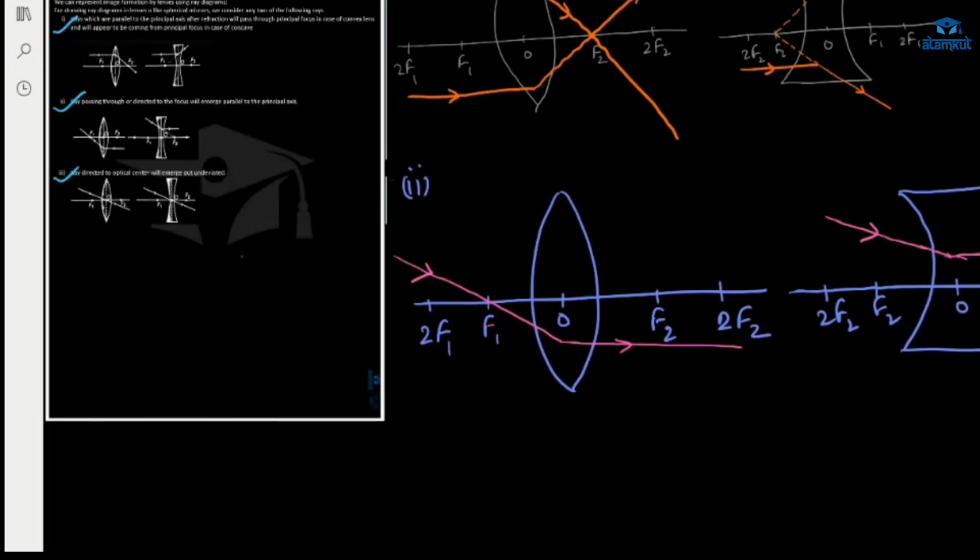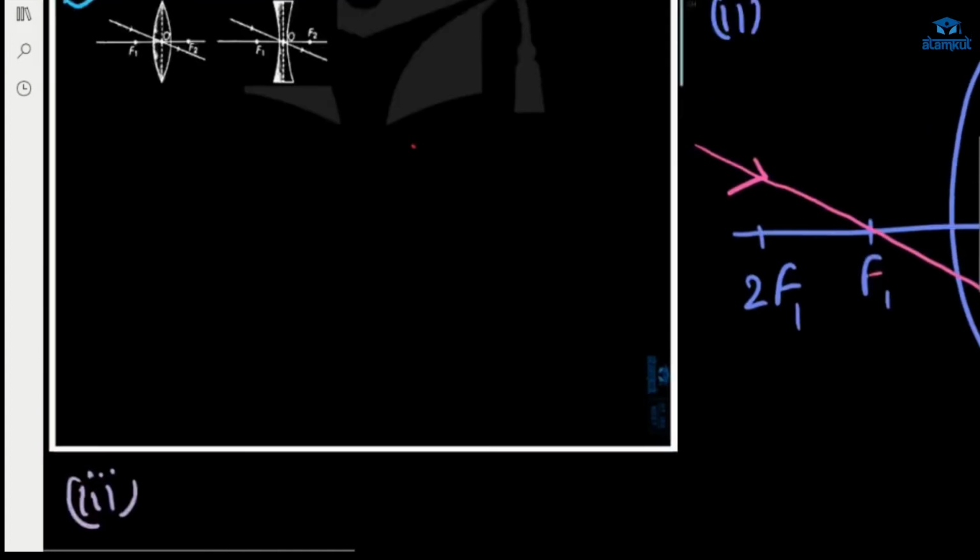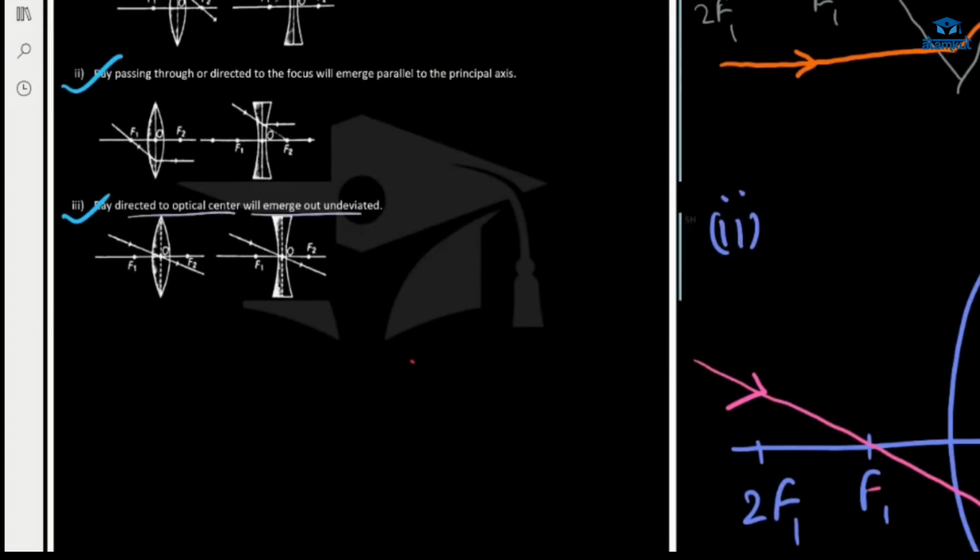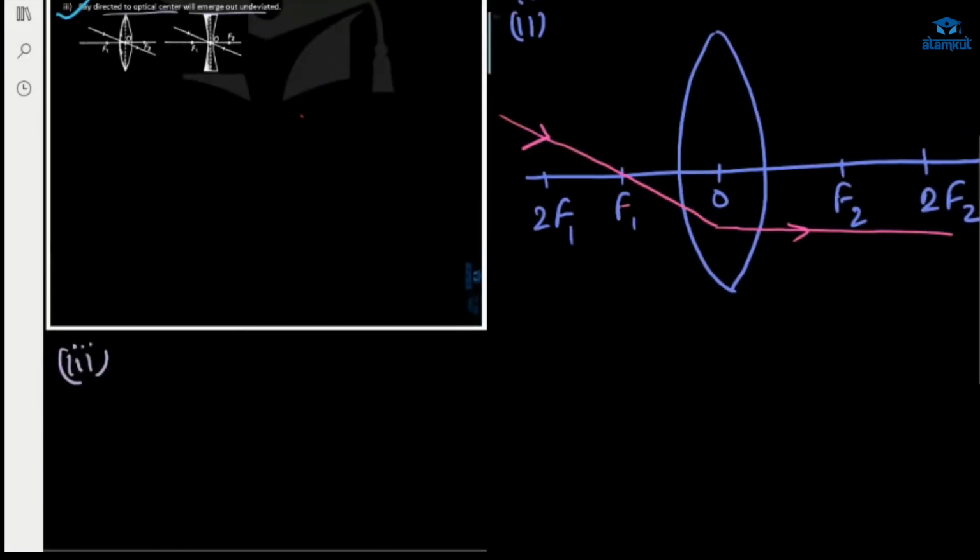Okay. Now the third one is, the ray directed to the optical center will emerge out undeviated. Just as that of the pole. No, not the pole, that of the center of curvature. It was actually for the center of curvature that whatever light comes towards the center of curvature will reflect back along the same path.